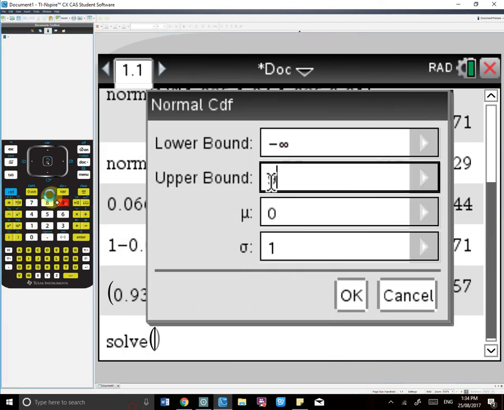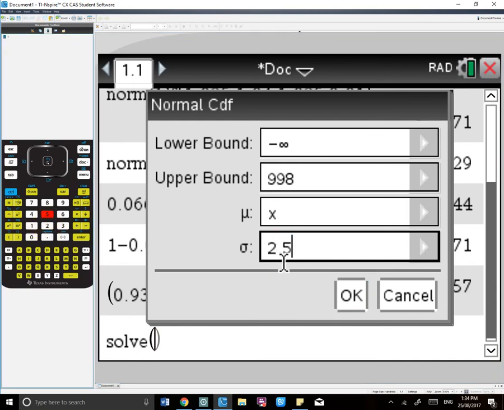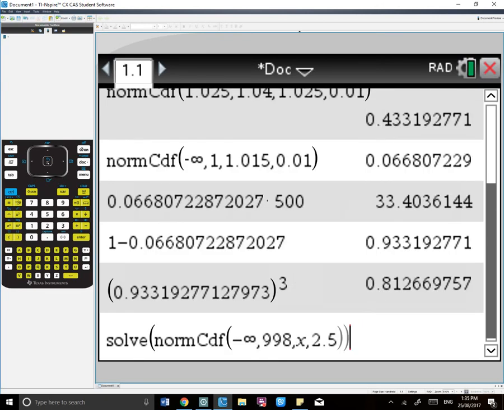That's 998, and I don't know what the mean is, so I put X in. The standard deviation is 2.5. I put all the information I have in first. It's a two-field argument. And I make that equal to 0.02, that's the 2%, and also comma X. Hopefully that will work. Sometimes it doesn't work. Oh, it's working.